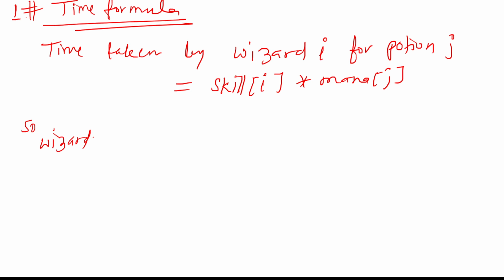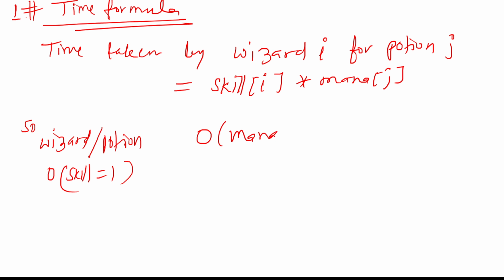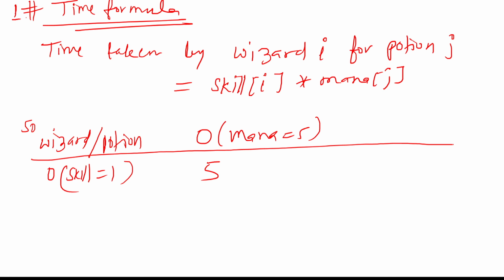If at 0 skill is equal to 1, can we say that? Here portion is 0 also and mana is 5, right? In this case, if we multiply skill 1 with the mana, what will we get? We'll get 5. Correct?